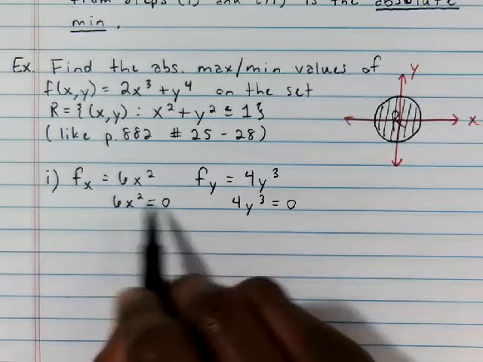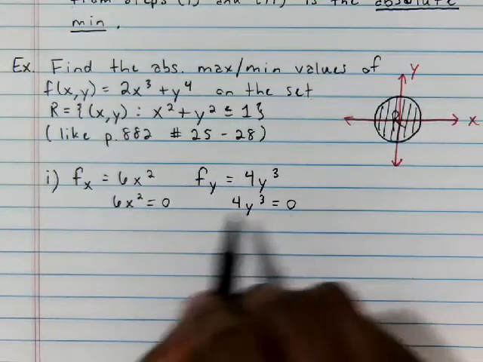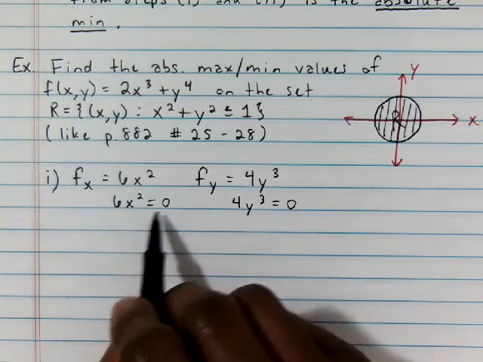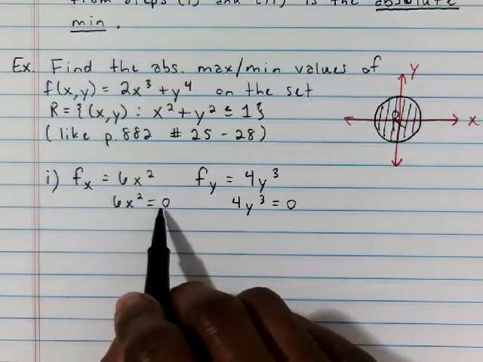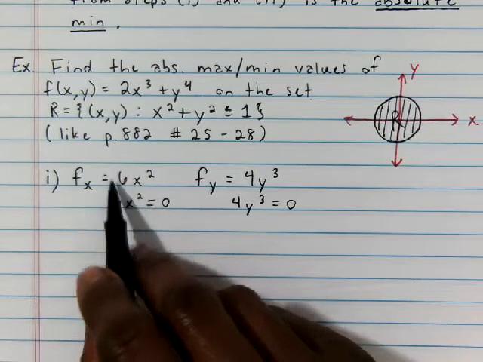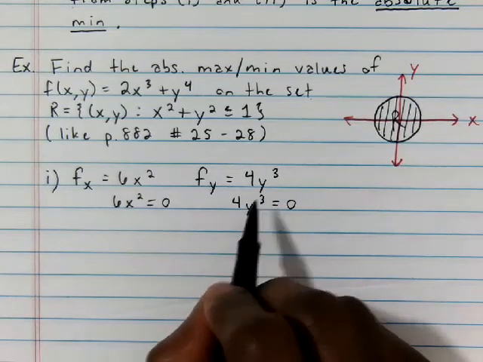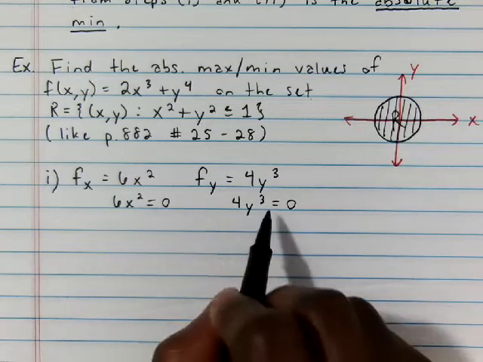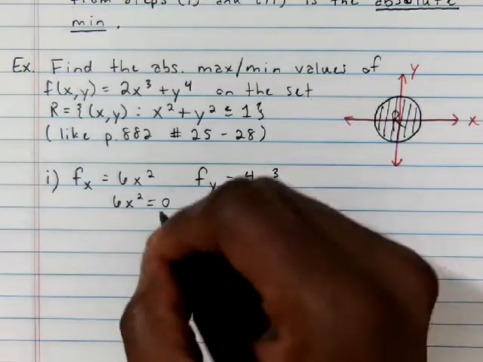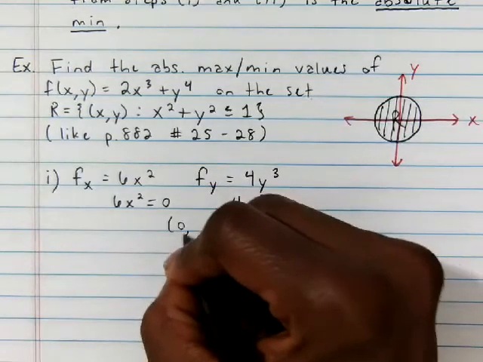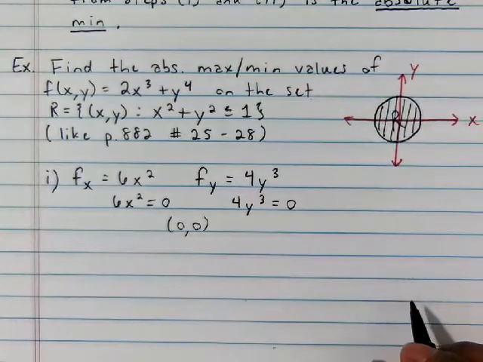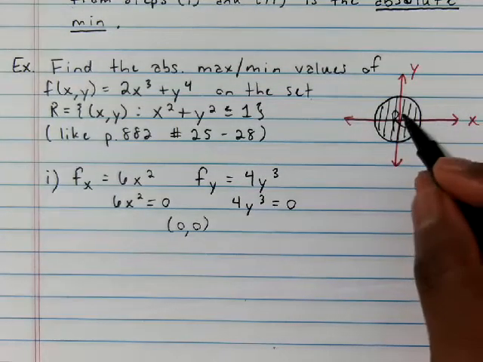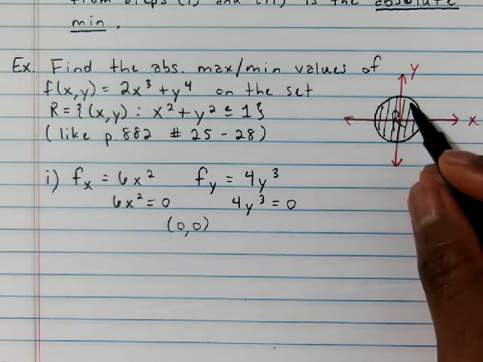This tells us x equals 0, and this tells us y equals 0. Notice there's no restriction here on what y is. As long as x is 0, y can be anything, and this will be 0. As long as y is 0, x can be anything, and this can be 0. But we need them both to be 0, so we only get the point 0, comma 0, which is indeed in this region. So our critical point is in there.